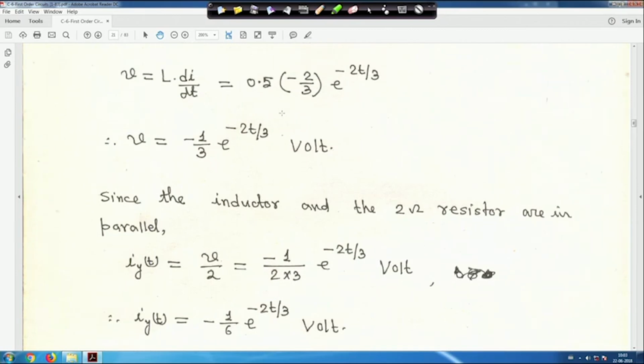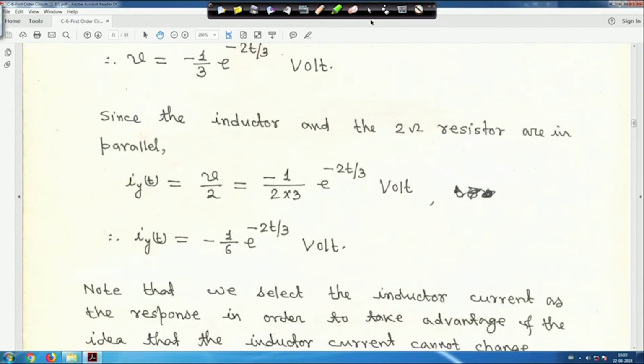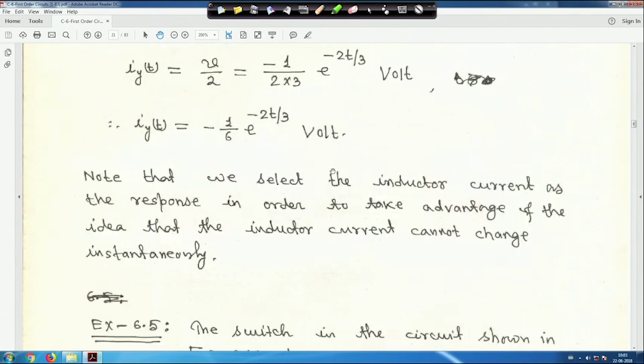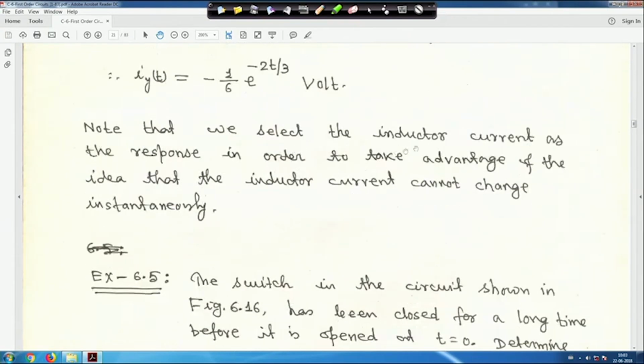All the time I am not writing, but this expression is actually a function of t, and it is understandable to you. So, let me clear it. In this case it will be minus 1/6 e^(-2t/3) volt.